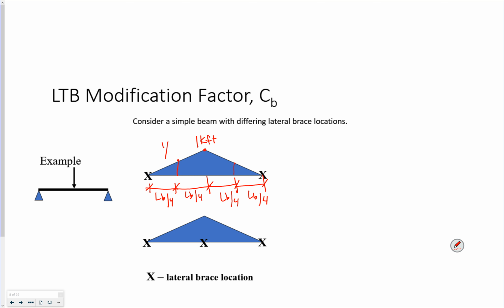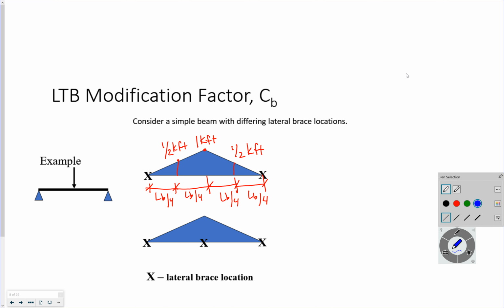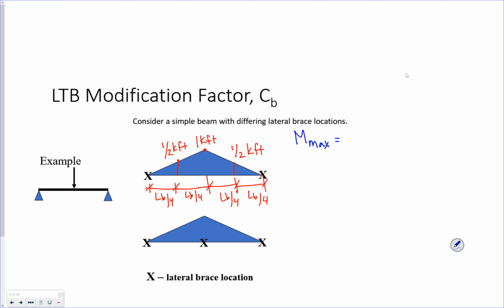A quarter length would be half a kip foot, and on the other side, half a kip foot. So what's my maximum moment? One kip foot.